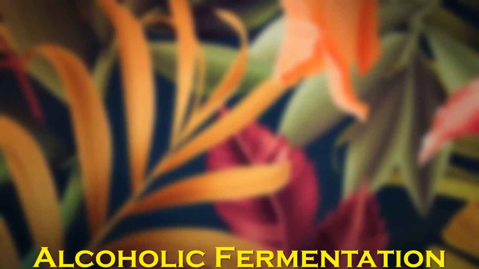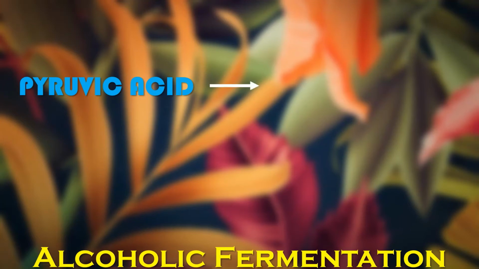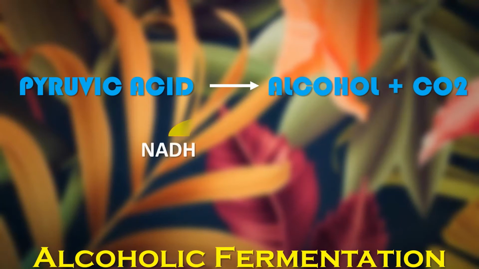Other organisms use a different pathway and create an alcohol and carbon dioxide instead of lactic acid from pyruvic acid. Again, they still make NAD+ for glycolysis to use, but the pathway is a little different.